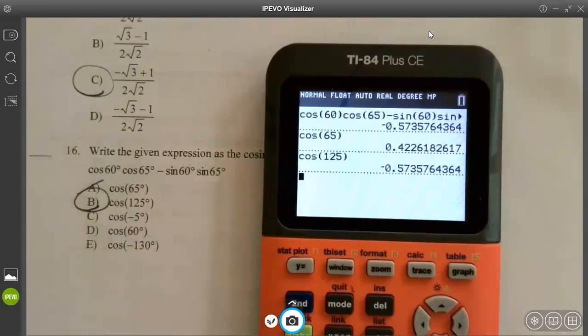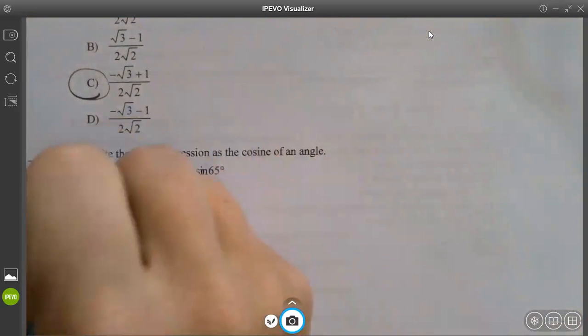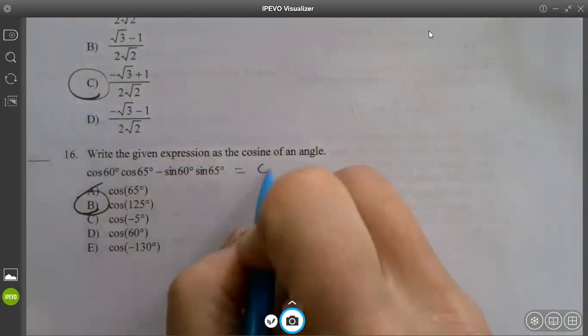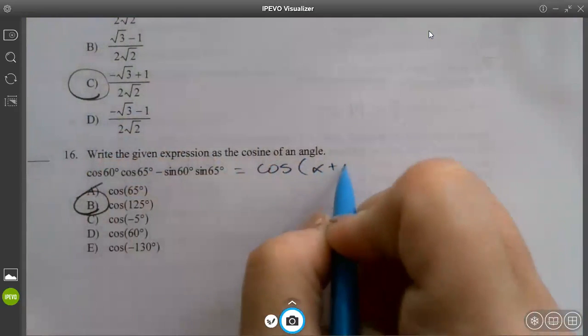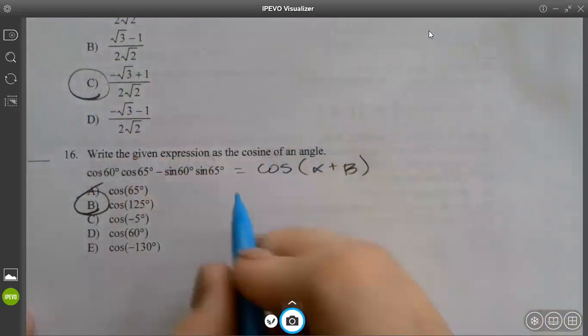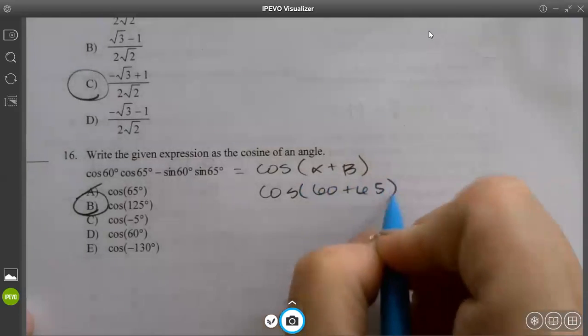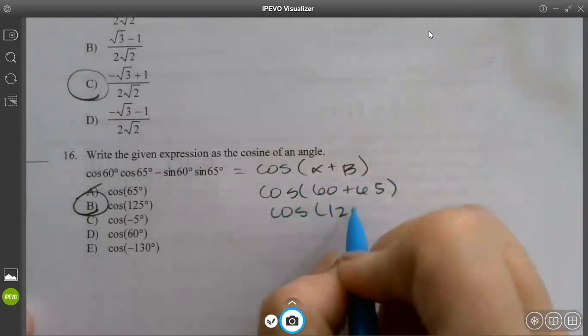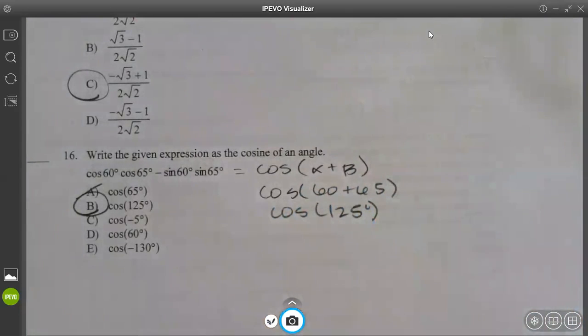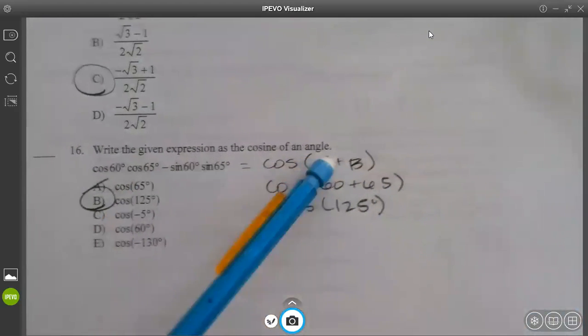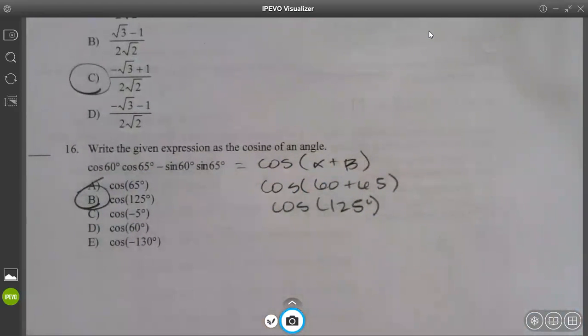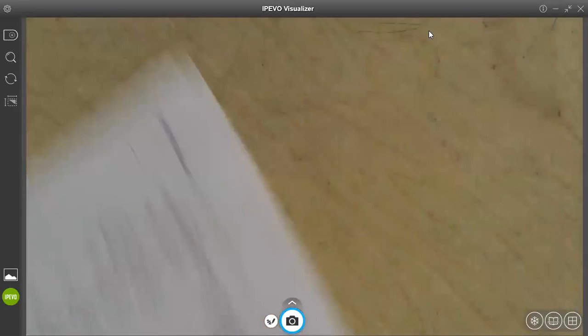So what she said is this is the same as cosine u plus v, or alpha plus beta. So cosine 60 plus 65 is cosine 125. Of course, that's a lot simpler, but how many of you are going to look at that? Not a lot. Absolutely. All right, 17.